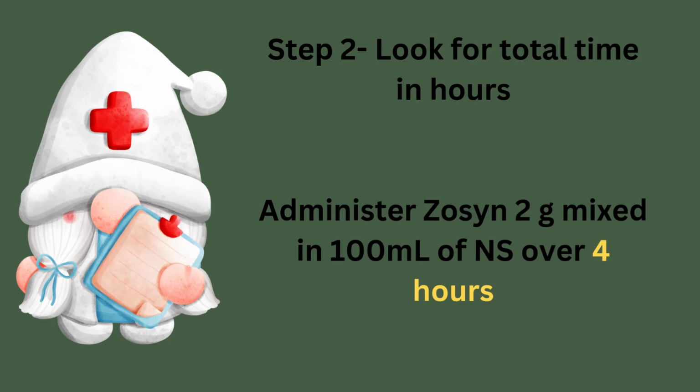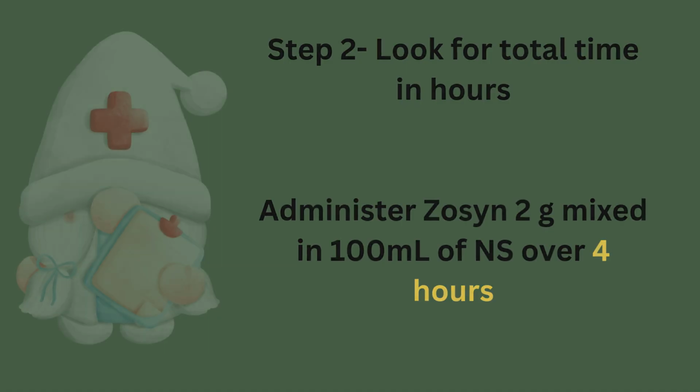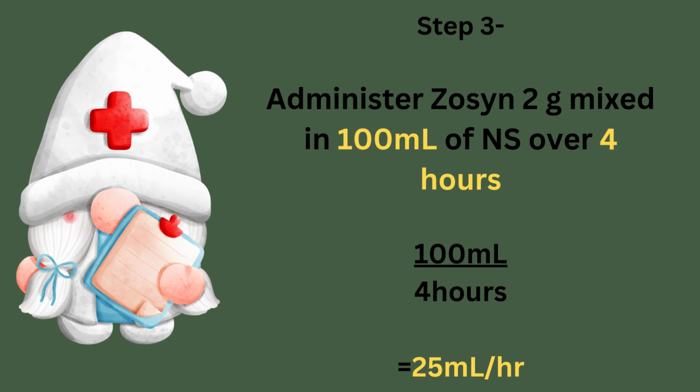We don't concern ourselves with the milligrams at the time for flow rates, for mils per hour. That's just a distractor right here. Step three, we're going to take our 100 mils, divide it by 4 hours, and our flow rate that we would be setting on the electronic IV pump would be 25 milliliters per hour.